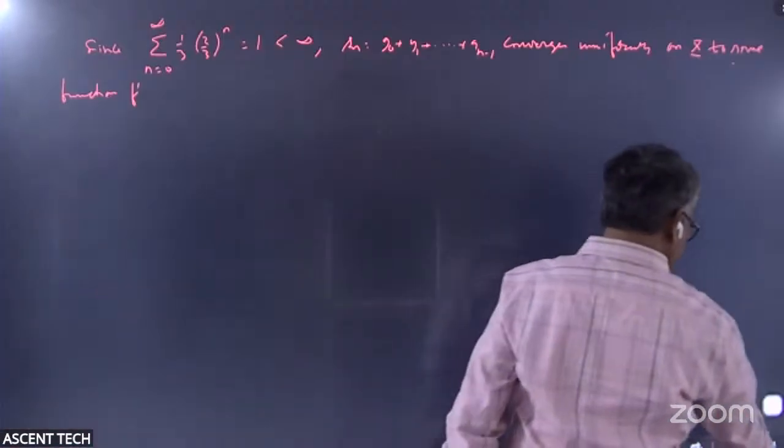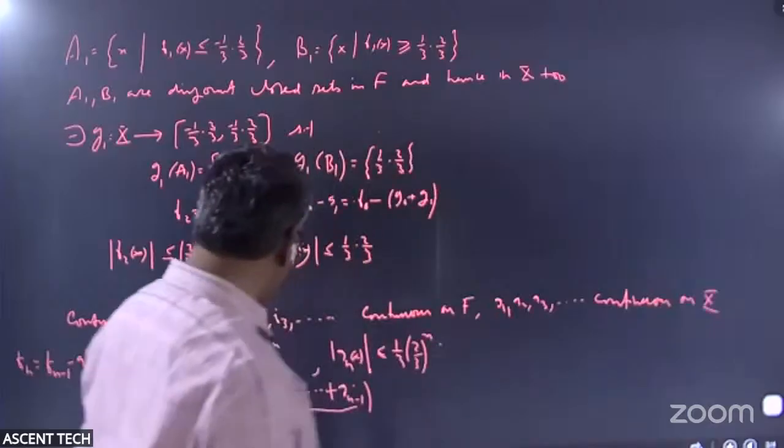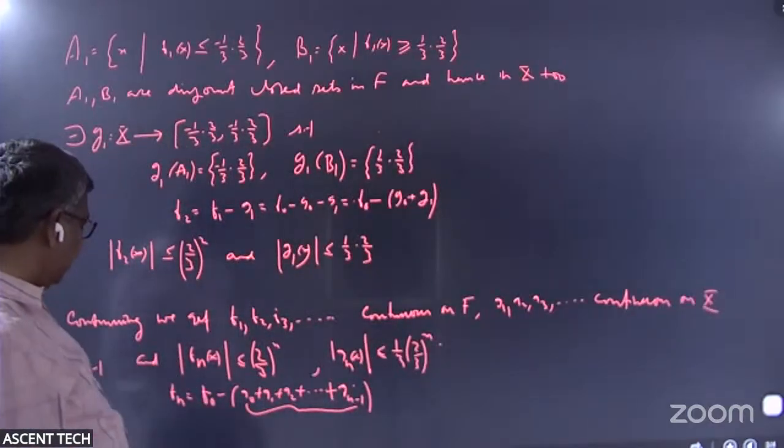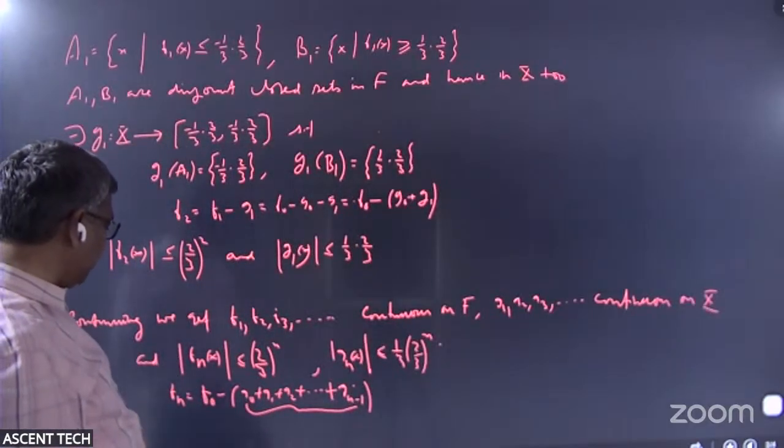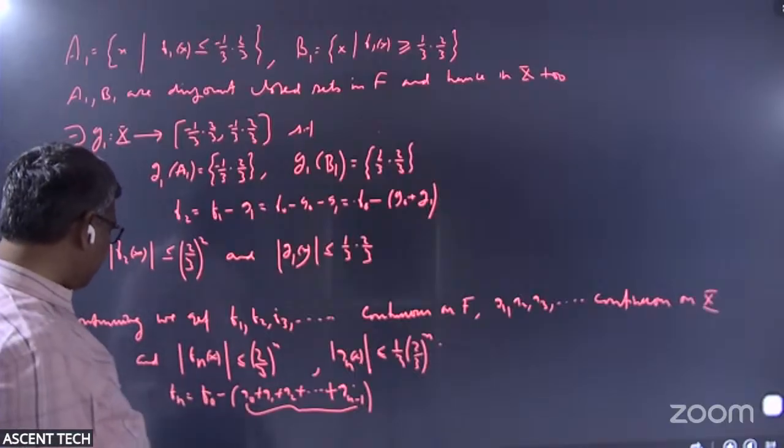So coming back, the Fn's are functions on F only, and this is converging to F dash.